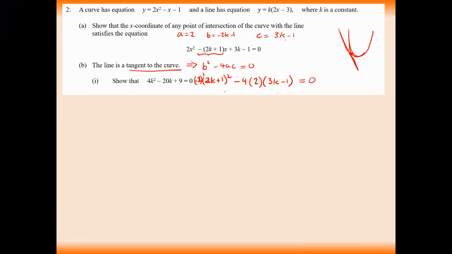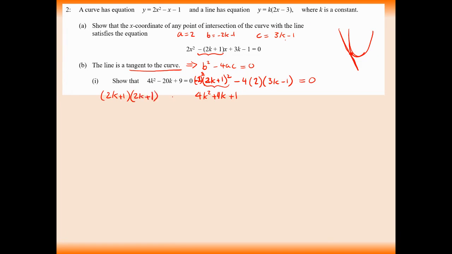And now let's expand these brackets and simplify this. When you expand this bracket here, we factored the minus 1 out, and minus 1 squared is positive 1. So we write 4k squared plus another 4k plus 1. If you don't believe me, just work out 2k plus 1 times 2k plus 1 yourself.